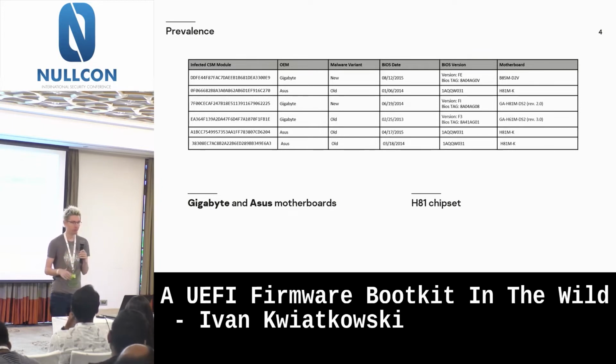I'm going to go back into this in more detail in a little bit, but the general idea there is that this new code that was added into the CSM DXE driver allows the attacker to trigger a very big infection chain, and the point is to pass control back to the original entry point of the driver then, and continue executing normally.